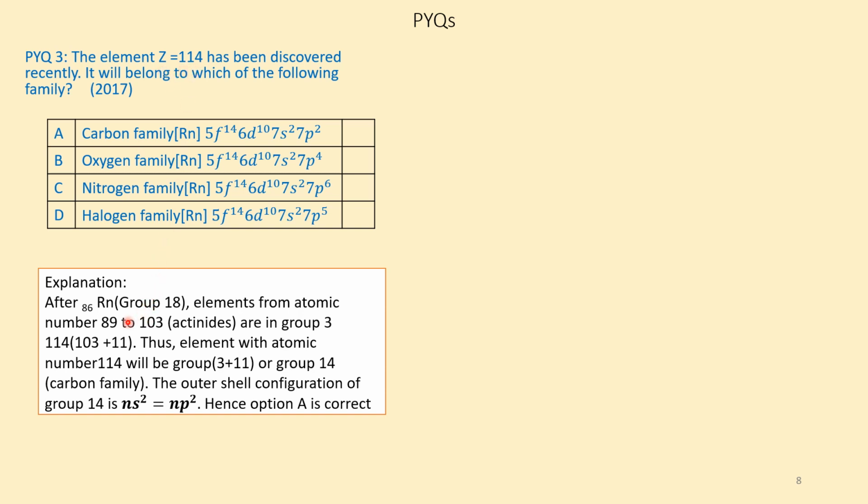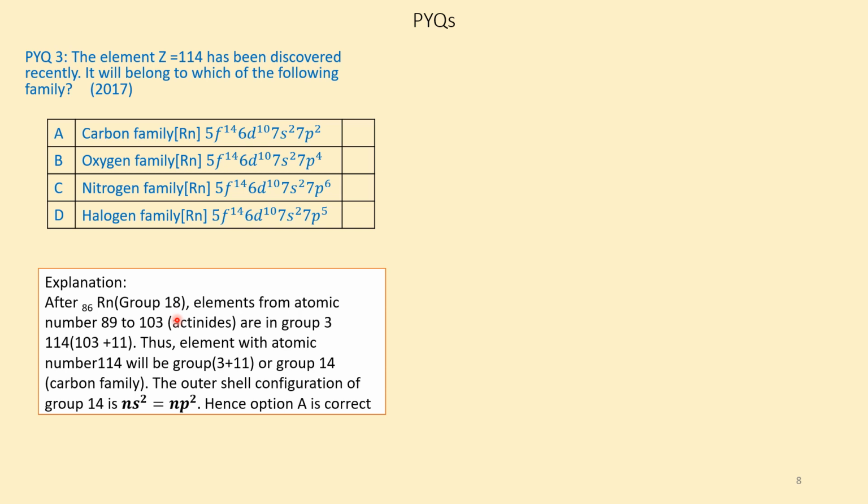You have to identify where Z belongs. After Rn, group 18, elements from atomic number 89 to 103, that is actinides, are in group 3. And 114 is 103 plus 11.